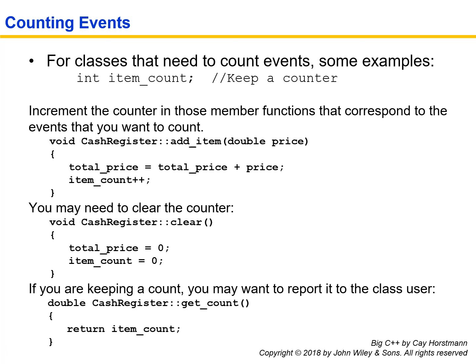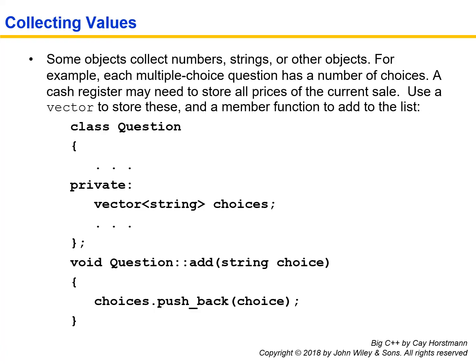It's just that the add is a plus plus instead of a plus equals. What if we want to collect a series of values? We have a class question, which has a vector of strings that are choices. So you would have a private vector of whatever you're trying to aggregate. Might be string objects, might be item objects, might be question objects, or answer objects, or something like that.